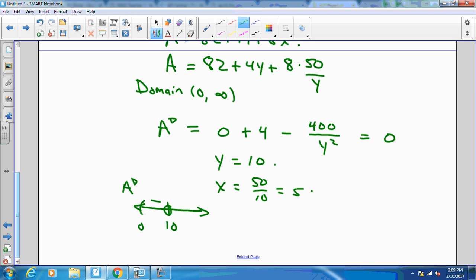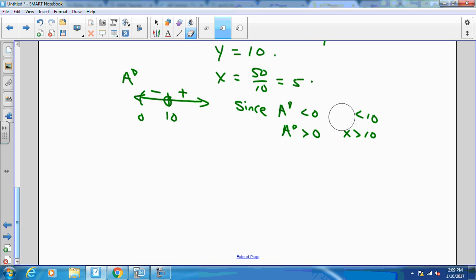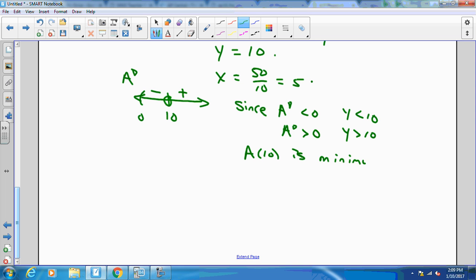Plug it in. 4 minus 400 over 100 squared, definitely positive. And therefore, we can conclude, here's the magic language: since A prime is negative for y less than 10, and A prime is positive for y greater than 10, that means, excuse me, I said x, it's y, isn't it? And that means that area at 10 is a minimum.